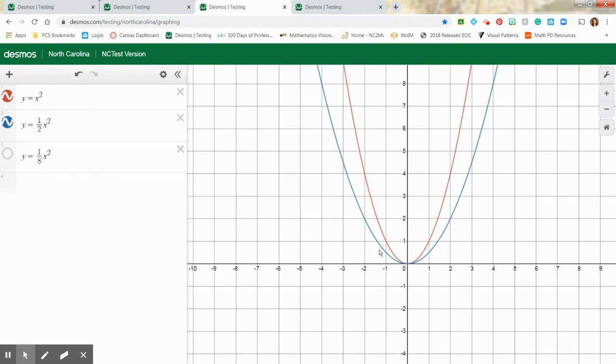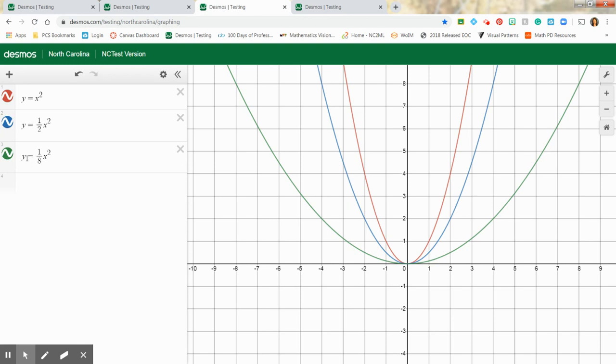So 1/2 made it a little bit wider, but 1/8 makes it much wider. So now this is where you've got to put your thinking cap on a little bit. 1/8 is a smaller fraction, but it made my graph the widest. So the smaller the fraction, the wider the graph.